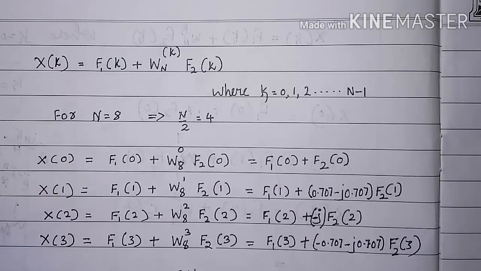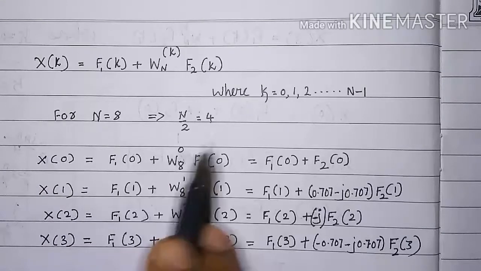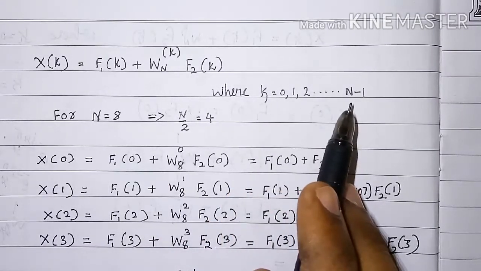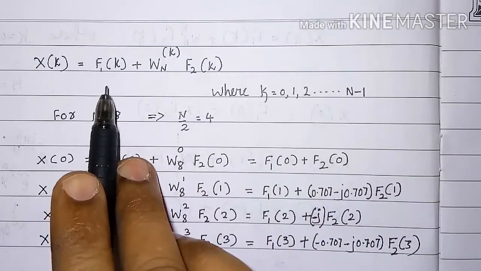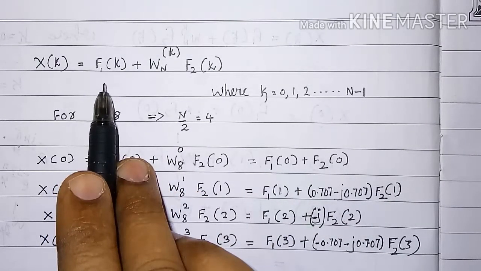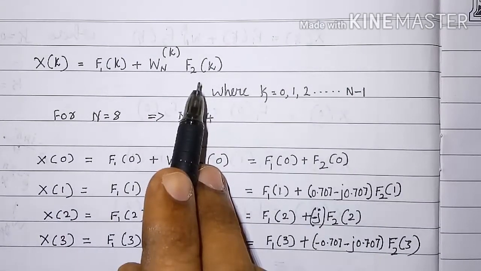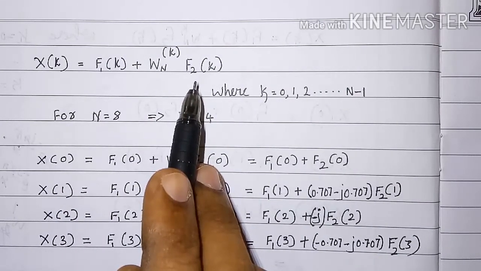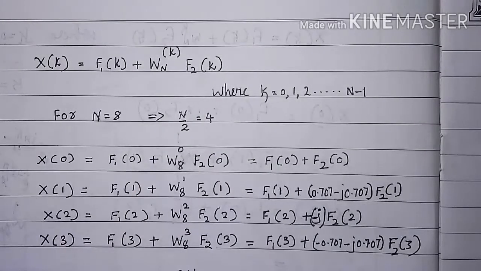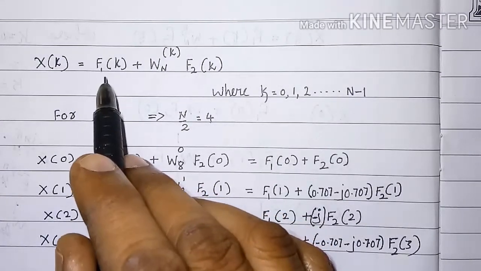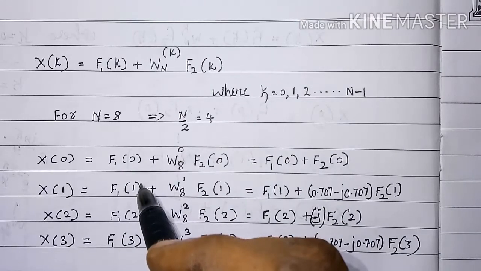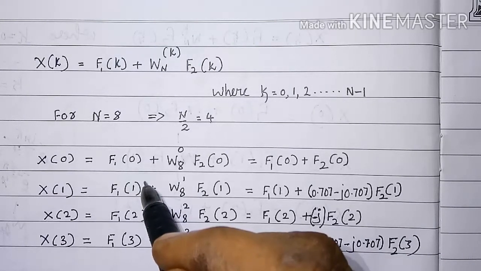We have to calculate X of k for k equal to 0 to N minus 1, but we are having N by 2 point DFTs of even indexed and odd indexed samples of previous stage, and also F1 of k and F2 of k are periodic with a period of capital N by 2.